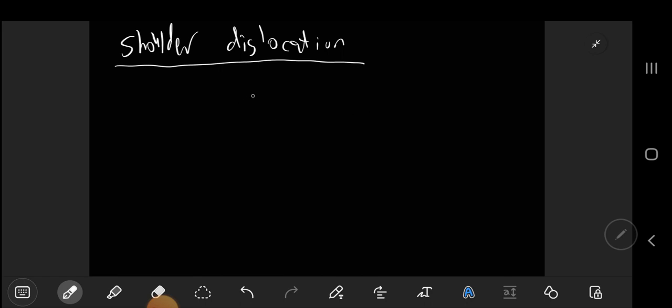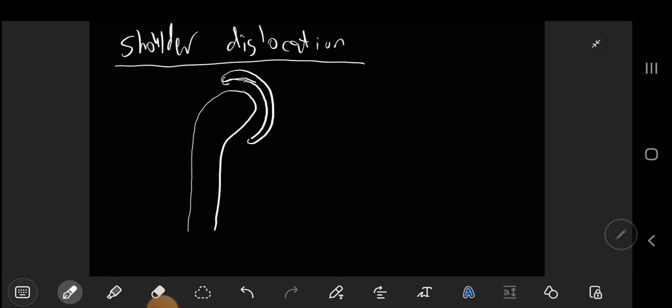If we are looking at the shoulder to understand it, we have here the humerus, which gets inside the glenoid here. The glenoid has throughout it the labrum, and it has some ligaments. For example, here, which one is this one?